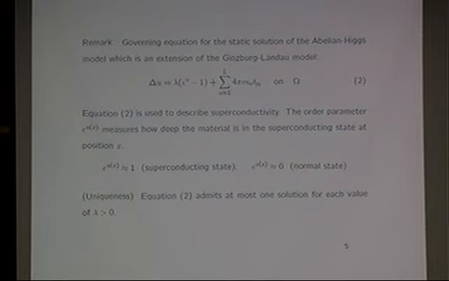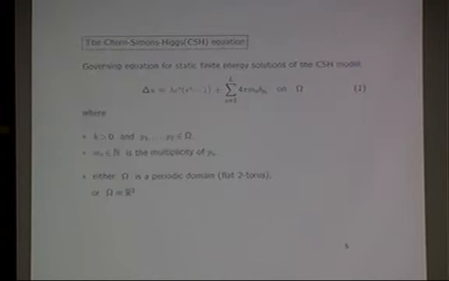Moreover, this equation enjoys a uniqueness result, because as you see, the nonlinear term is just a linear function, and it is increasing with respect to the real valued function u. So for each positive value of lambda, this equation admits at most one solution. While for the Chern-Simons equation, let's look at the nonlinear term.